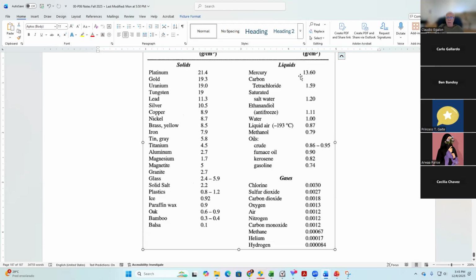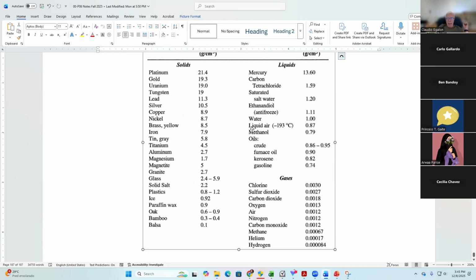Okay, mercury, liquid mercury has a very high density. Carbon tetrachloride, saturated salt water with lots of salt in there. 1.2, very heavy, heavy because of this salt. Water, 1.00.